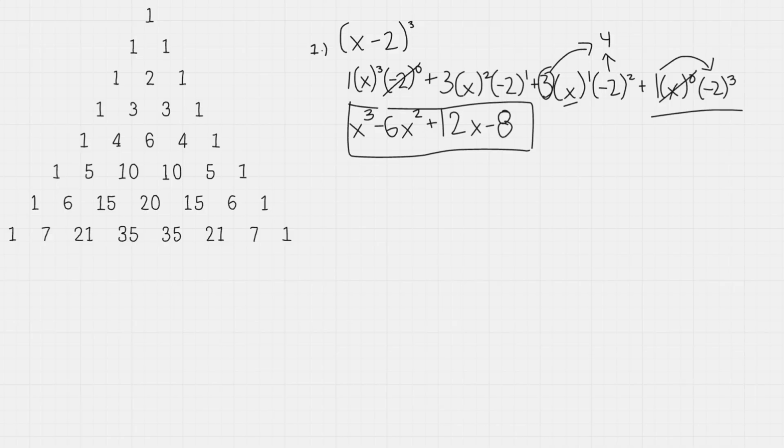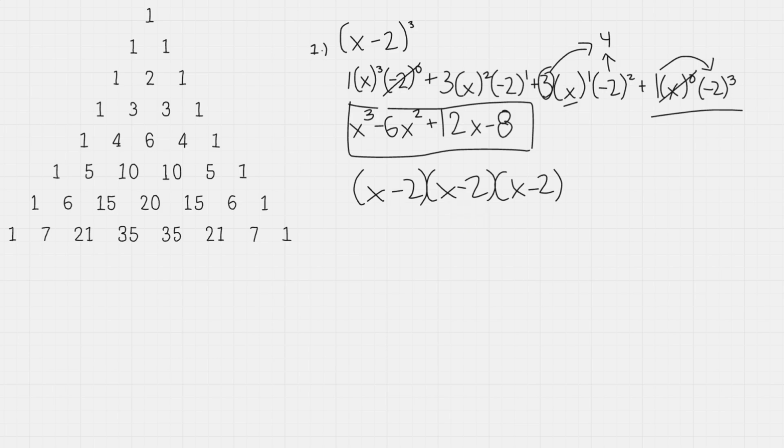To check this, let's solve using expansion, the FOIL method. So we have x minus 2, another x minus 2, and x minus 2. First, let's use FOIL on the first two terms.